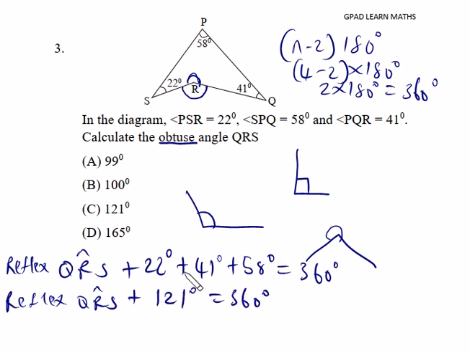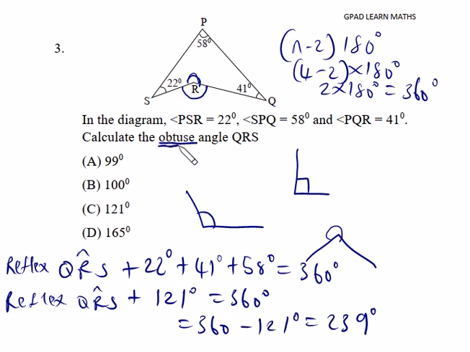Now if you move 121 degrees to the other side, that will give you 360 minus 121 degrees, which is equal to 239 degrees. But that's not all. If you notice, this 239 degrees is even more than 180 degrees. So this can't be the answer. It's not even an option.